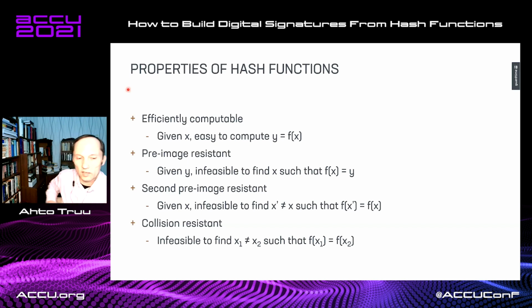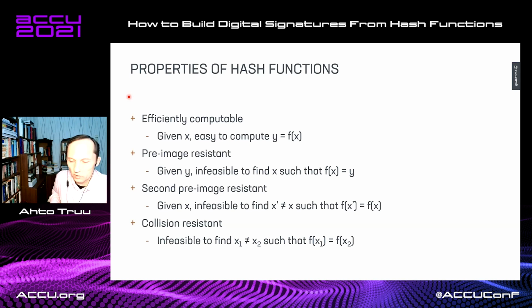The key difference is that the attacker is able to choose both inputs, whereas in the second preimage resistance property, one of the inputs is fixed, and the attacker only has freedom to choose the other one. And it turns out that this flexibility gives a great advantage to the attacker.